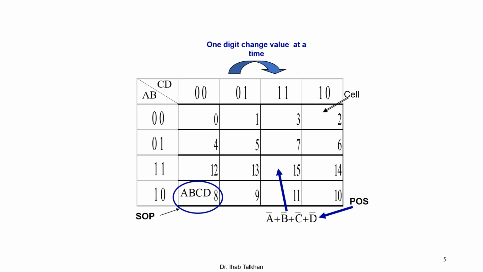Also, we mentioned before that the first row is adjacent to the last row, and the first column adjacent to the last column. At the same time, you have the four corners adjacent to each other. So this means that you have to look at the K-map in a three-dimensional view.